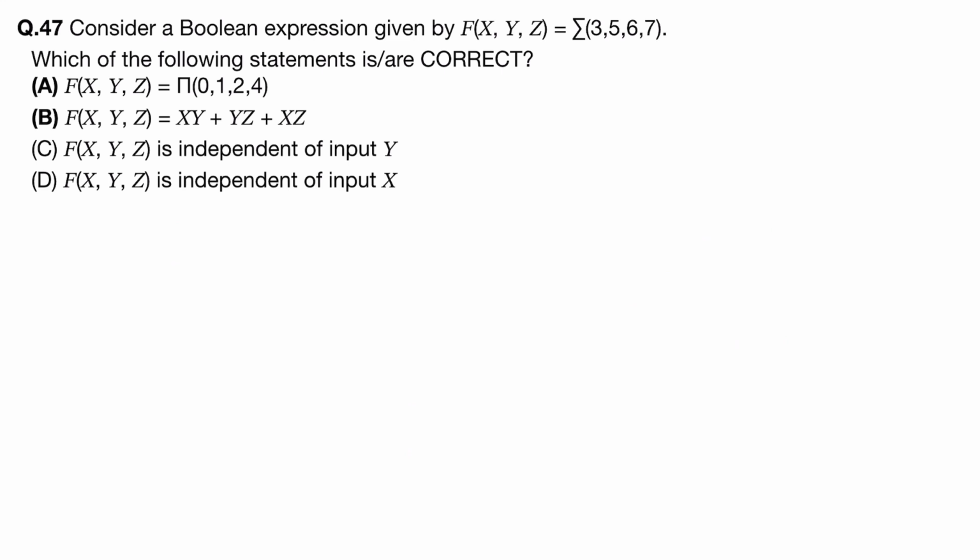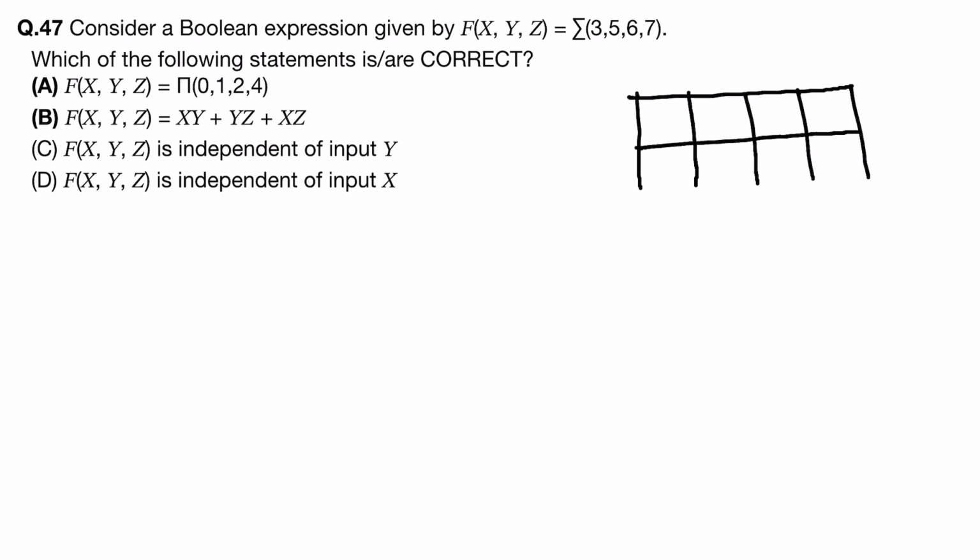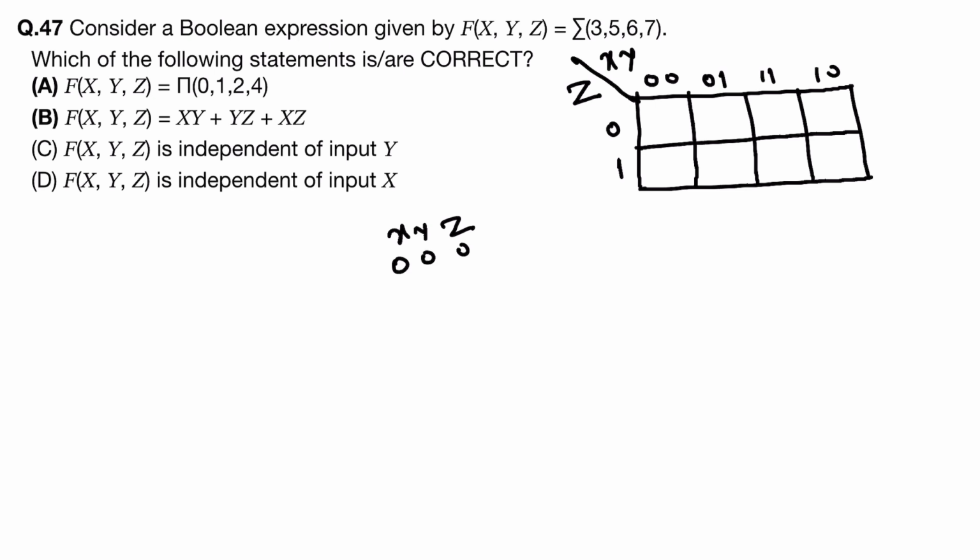Next, in this question, consider the Boolean expression F of x, y, z equal to sigma 3, 5, 6, 7. Which one of the following statements is correct? So we will have to draw the K-map for this statement. So x, y, z, 0, 0, 0, 1, like this till 8.